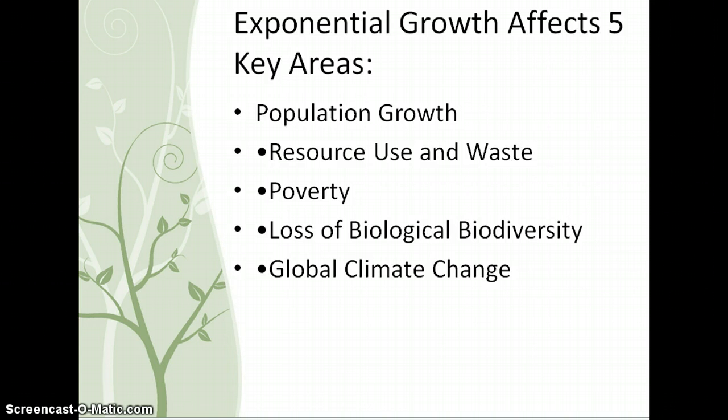As we use resources and produce waste, we lose different types of life on Earth. And then finally, exponential population growth affects global climate change. As we use resources, we use fossil fuels, which puts greenhouse gases into the air that affects our climate.